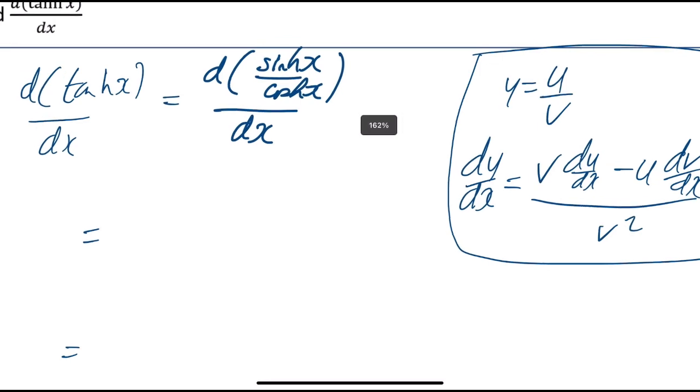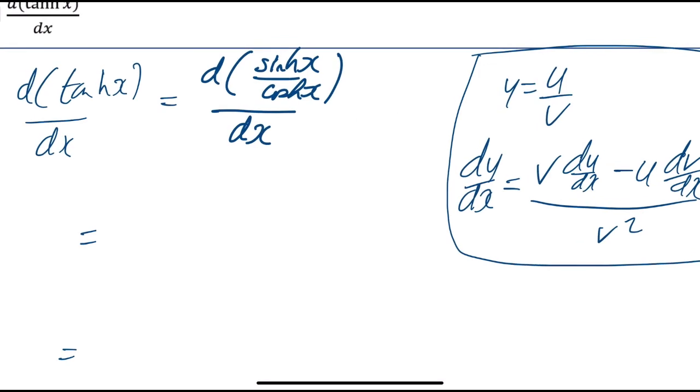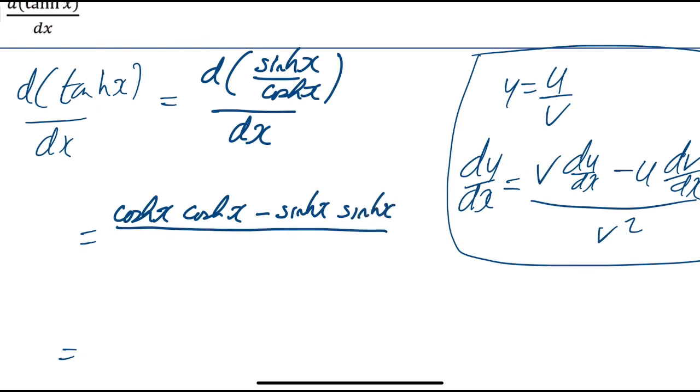So our u is hyperbolic sine, our v is hyperbolic cos. So write down the v first of all, hyperbolic cos, and then du would be hyperbolic cos again, then minus, and then this is my u, which is hyperbolic sine, times my v, which is hyperbolic sine, all over my v squared, which is hyperbolic cos squared.